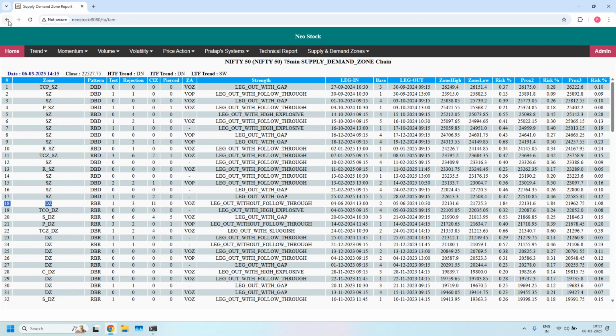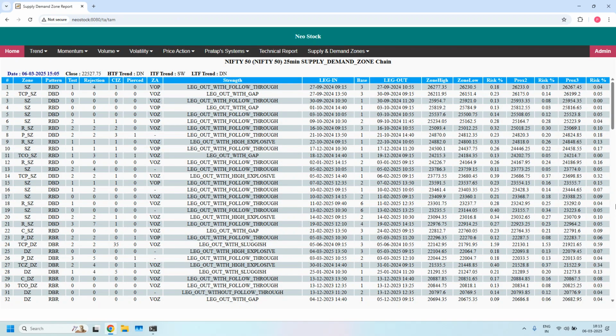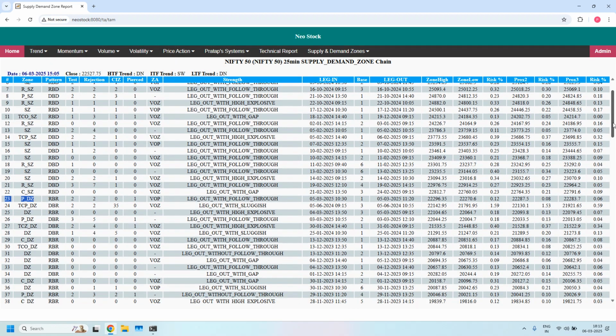Okay, next, 25-minute supply demand zone chain for Nifty. So let me put it in the center by scrolling the list down.